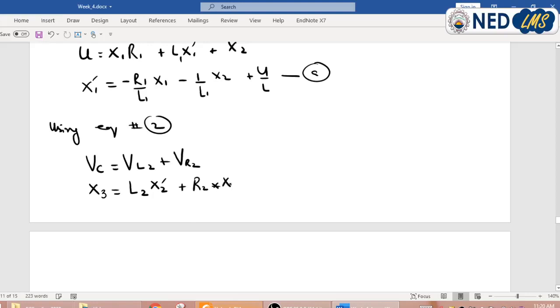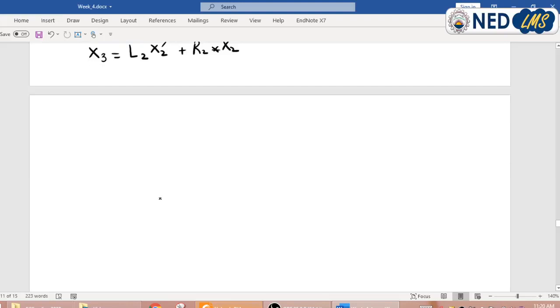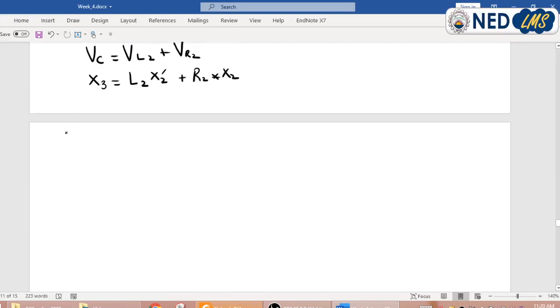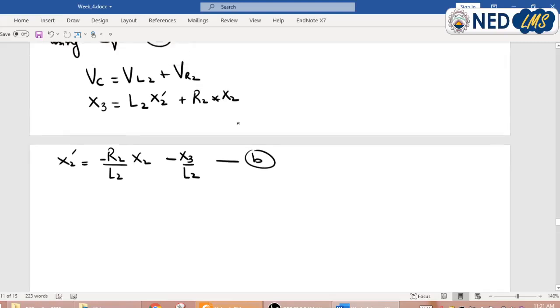I2 is basically x2. So I can evaluate x2 dash by rearranging this equation. x2 dash equals minus R2 over L2 x2, similarly minus x3 over L2. This is my second state equation, equation B.